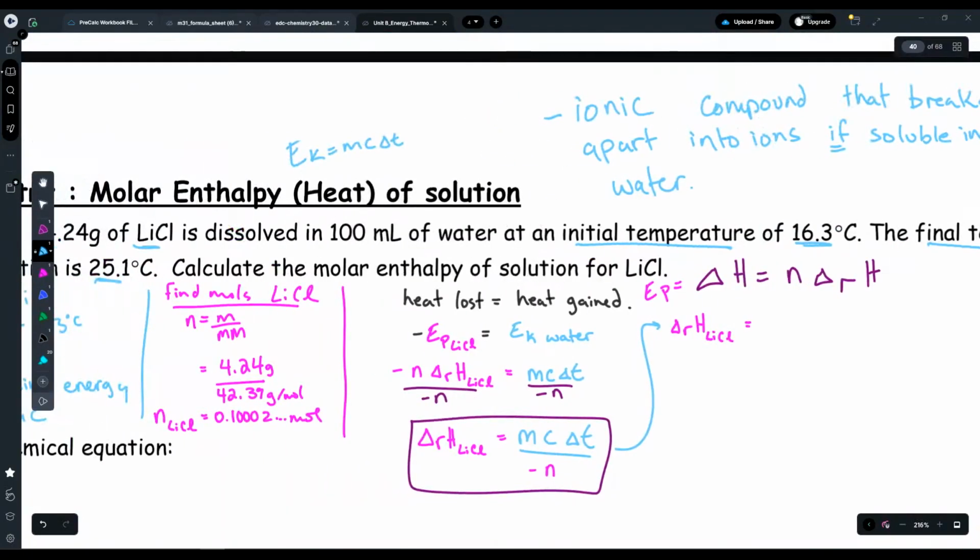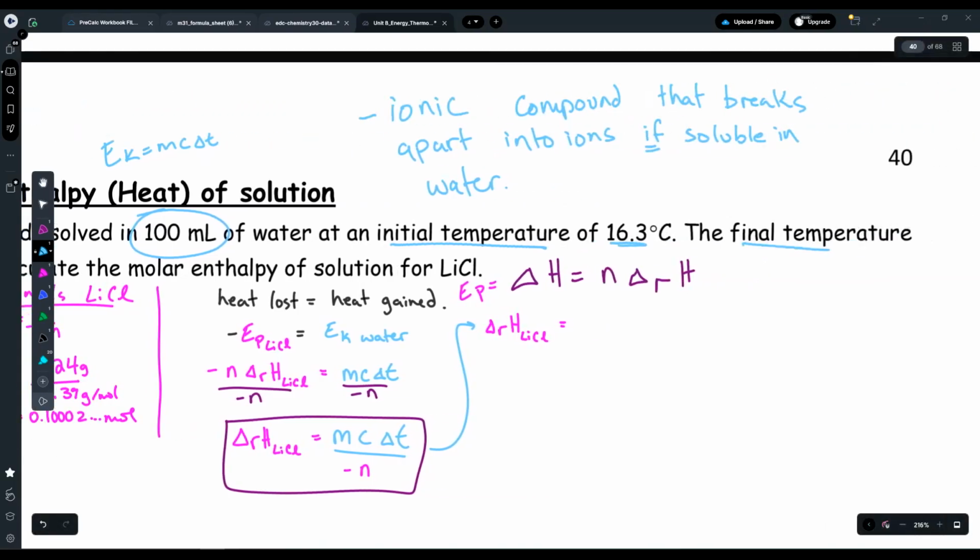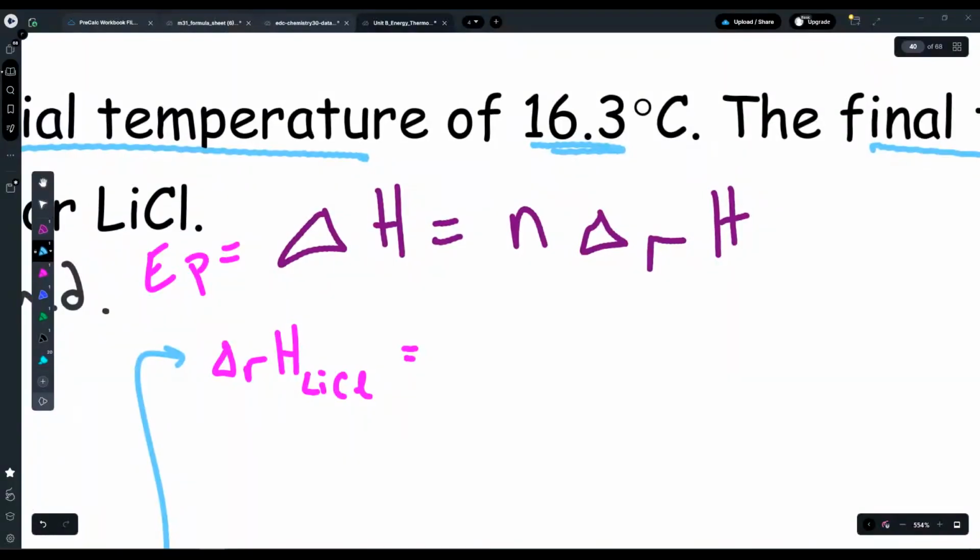So for our mass of water, they only give us a volume, 100 milliliters, but remember that 1 milliliter is equal to 1 gram of water. So 100 milliliters is just 100 grams of water.